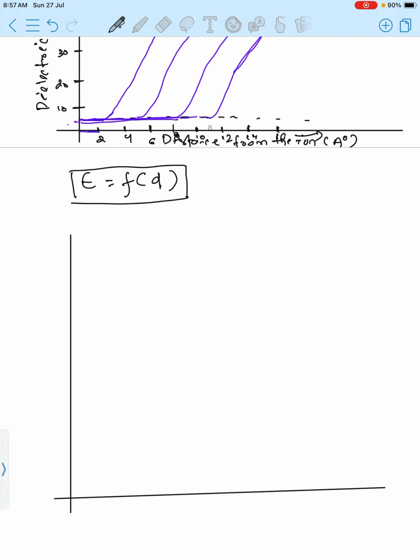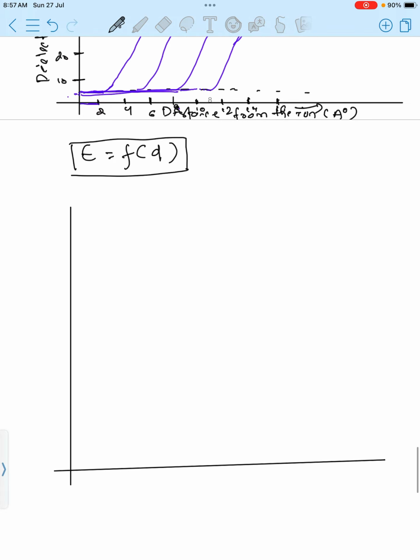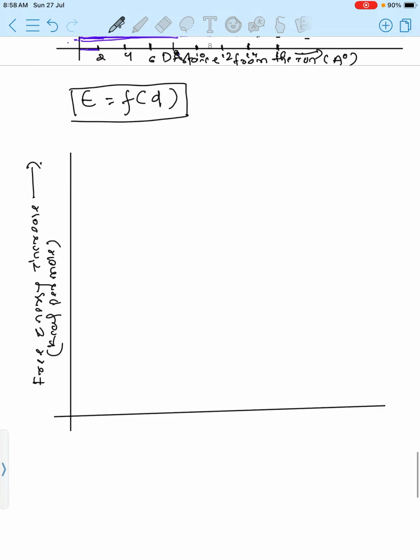So in the y-axis, I will take free energy increase, and this is represented in kilocalorie per mole. And in the x-axis, we will consider the distance between the ions, which is in angstrom unit.